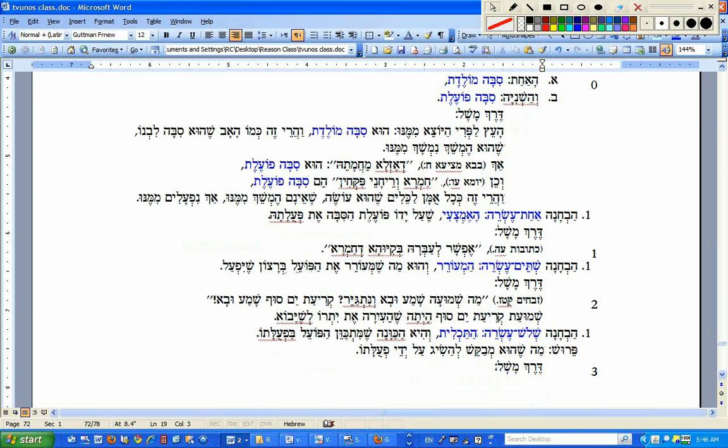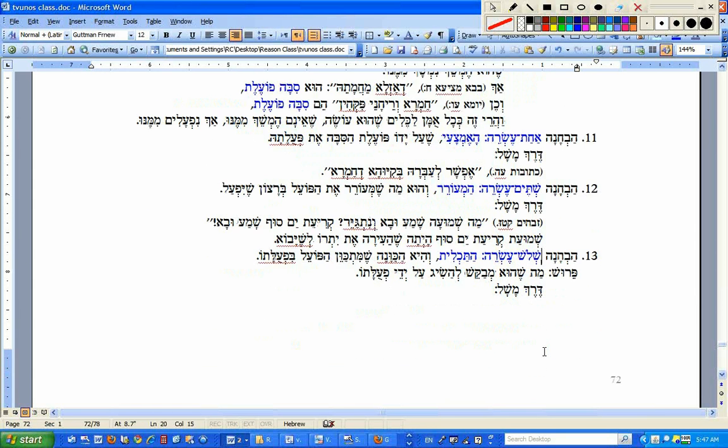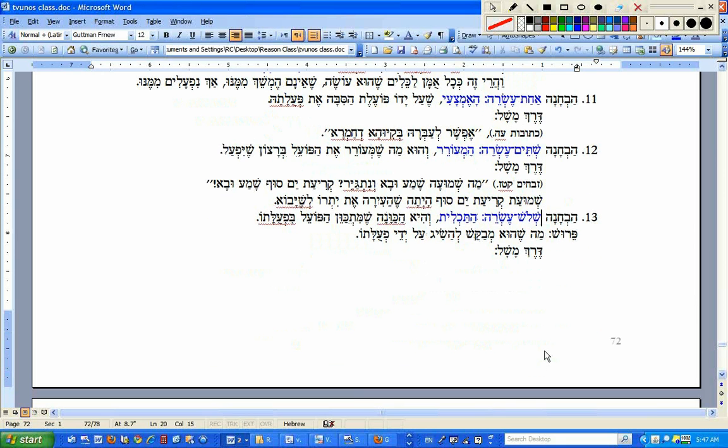The next one is called the tachlis. V'hi hakavana shemiskavan apol b'puloso. That's the intent that the person has by doing the activity. Perush, mashu mevakesh lahasig al yedei puloso. What he wants to attain by way of his activity. That's called the tachlis, and that's also a siba tachliti.